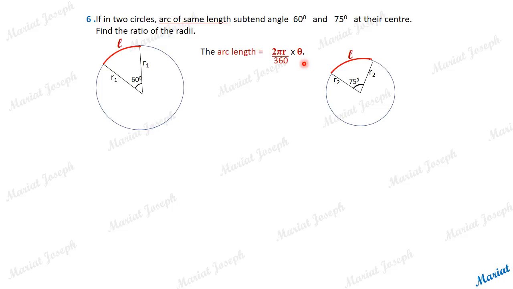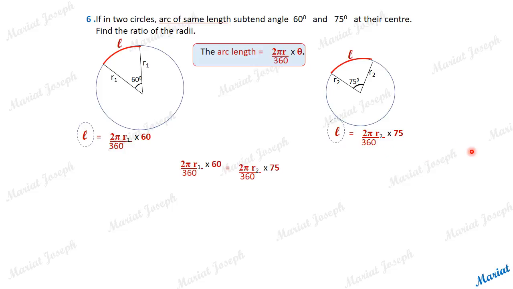Here, L is equal to 2 pi r by 360 into 60 degrees for this one, and here L is equal to 2 pi r by 360 into 75. This r is radius 2 and this r is radius 1. Now we are told these two arc lengths are equal. So we may equate these two expressions.